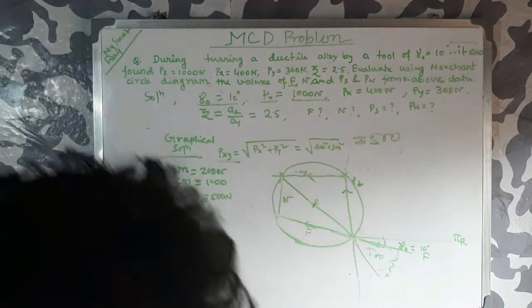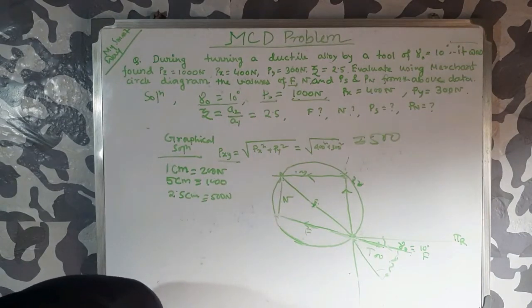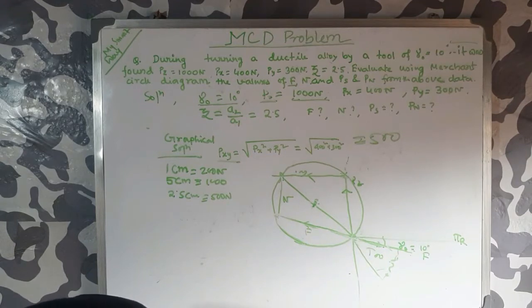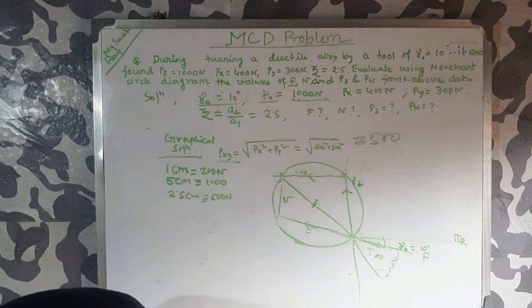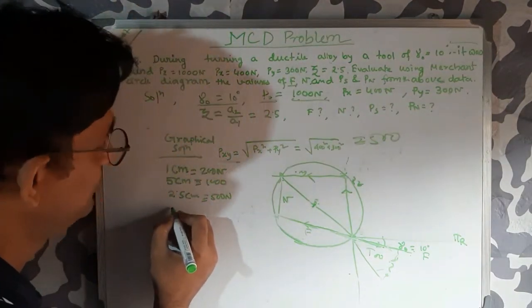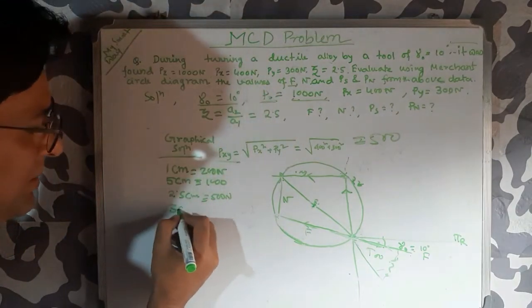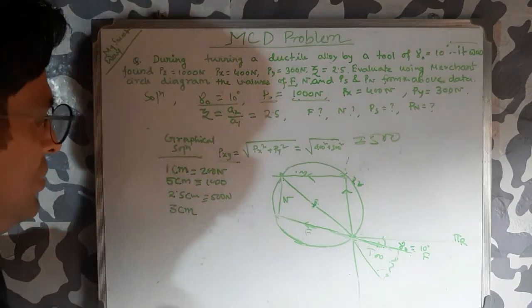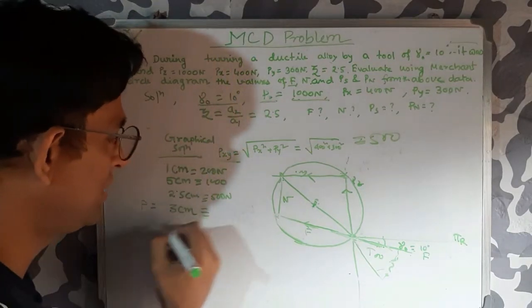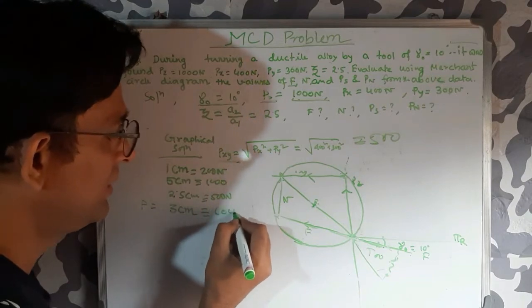Assume the length coming out from the scale is 3 centimeter. So F becomes 3 centimeter, which is equivalent to how much Newton? 600 Newton.